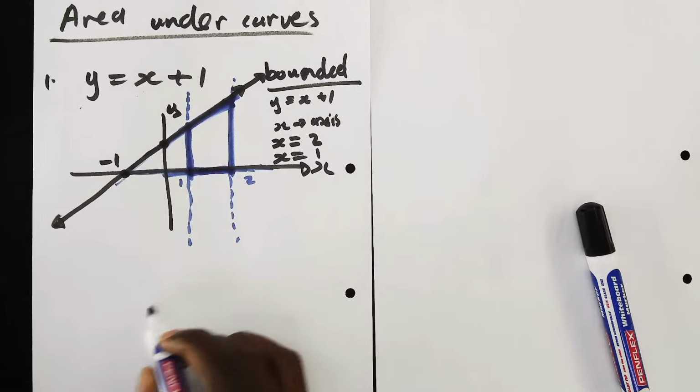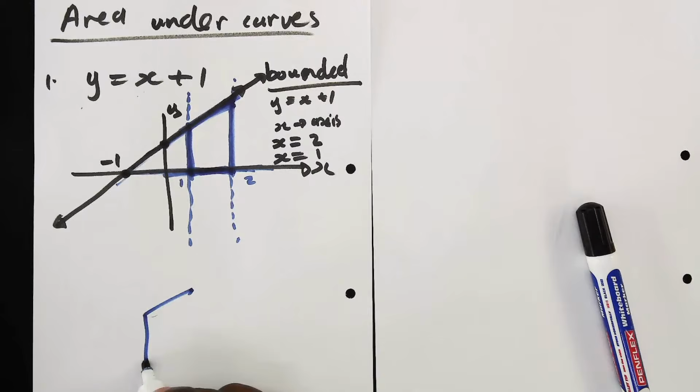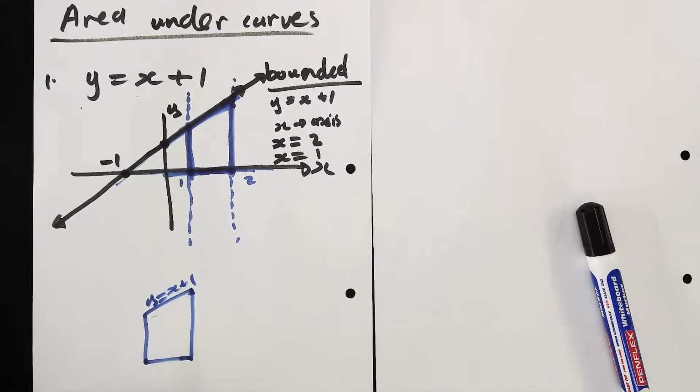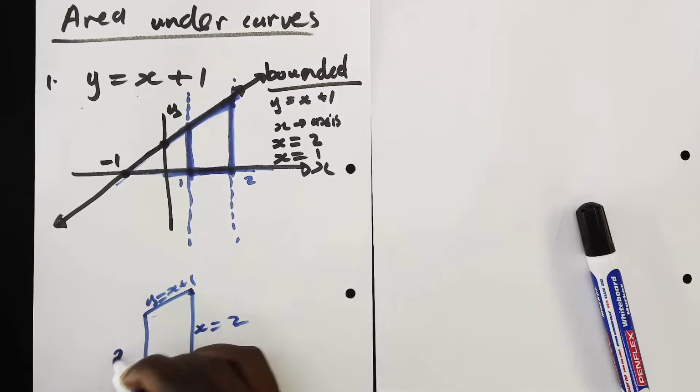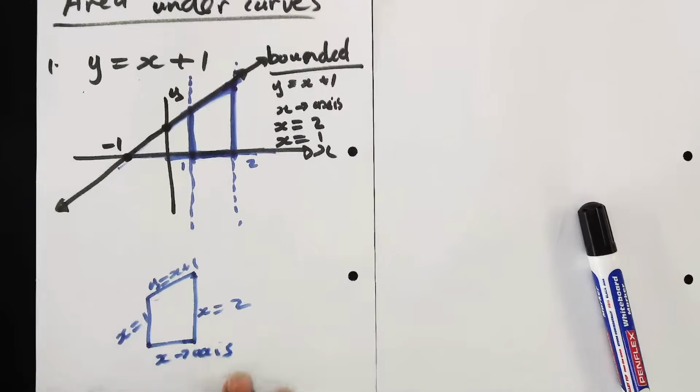If we check line x equals 1, the x-axis, and line x equals 2, we have that type of shape. So this is the line y equals x plus 1. This is the line x equals 2. This is the line x equals 1. And this is the x-axis.